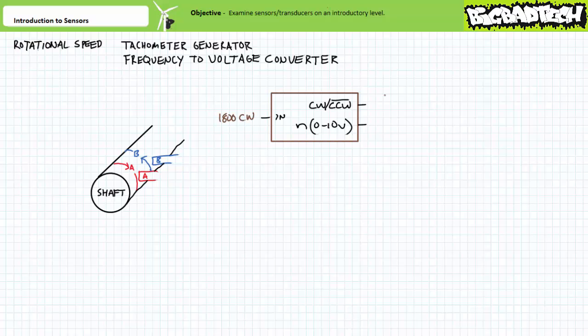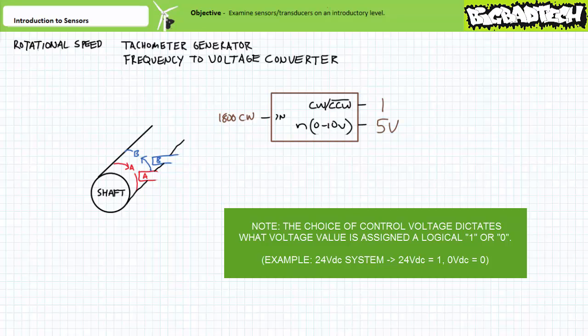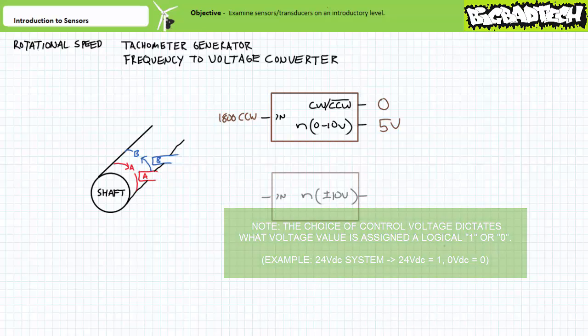Using our previously scaled rotational speed sensor, given an input of 1800 RPM clockwise, the sensor would output 5 volts at the analog speed output and a logical 1 as indicated by the lack of an overbar at the direction output. Alternatively, given an input of 1800 RPM counterclockwise, the system would output 5 volts at the analog speed output and a logical 0 or counterclockwise as indicated by the negation overbar at the direction output.